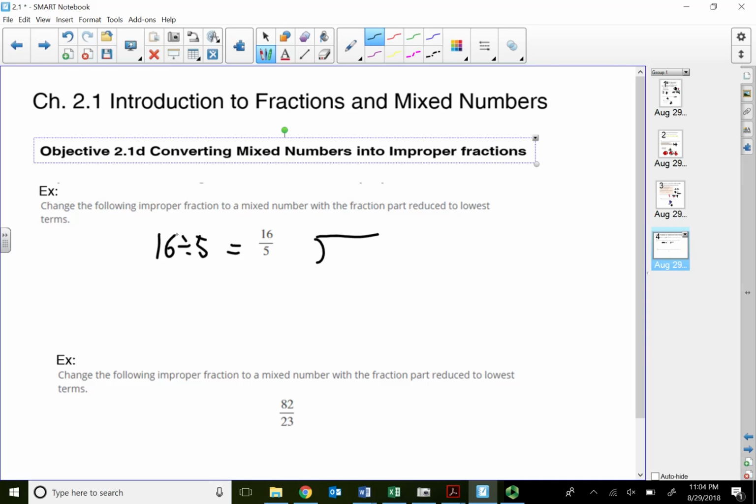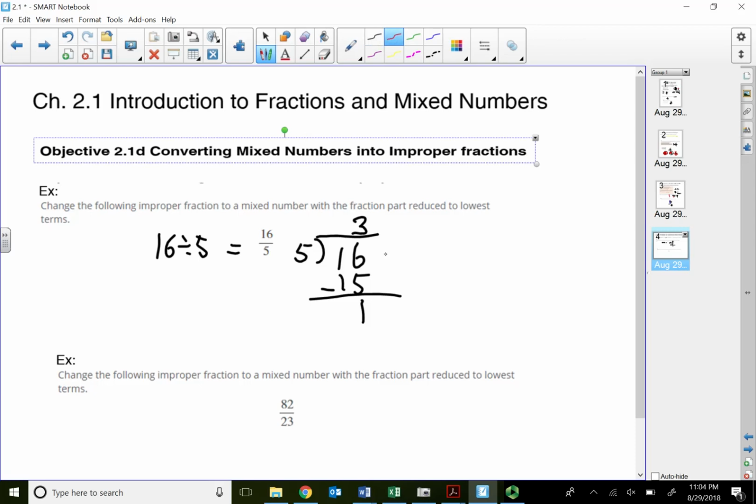So the 16 is the dividend, which goes on the inside for the long division. The divisor always goes on the outside. As you can recall, 5 will go into 16 about 3 times because 3 times 5 is 15. If I subtract, I get 1.